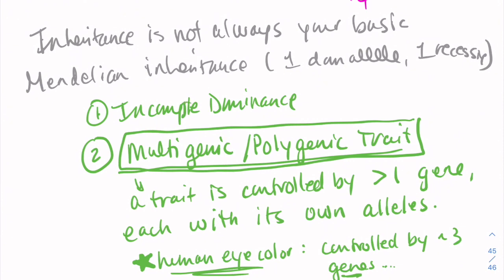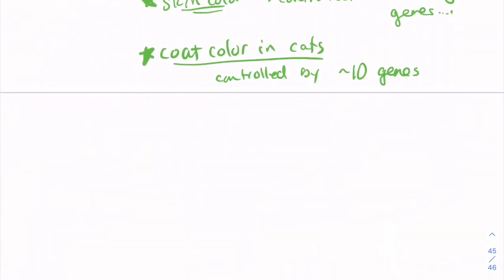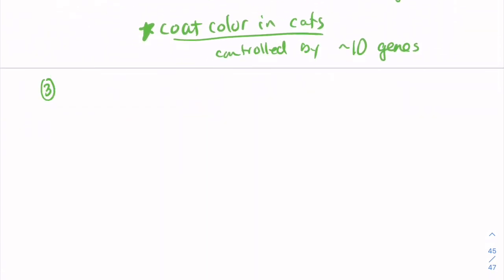Because sometimes things exhibit incomplete dominance, some traits are controlled by more than one gene, and sometimes you have something called co-dominance. Co-dominance is kind of similar to incomplete dominance in that you can get a blending of traits, but co-dominance goes a little further.